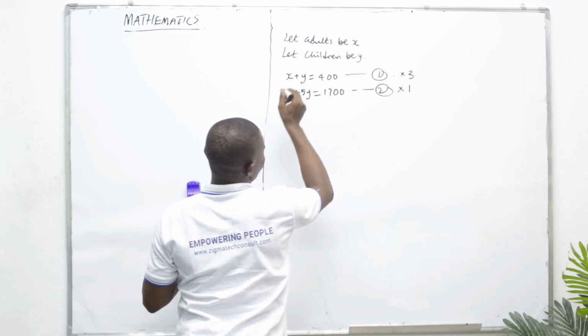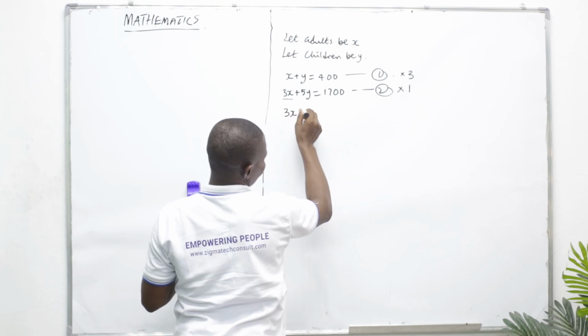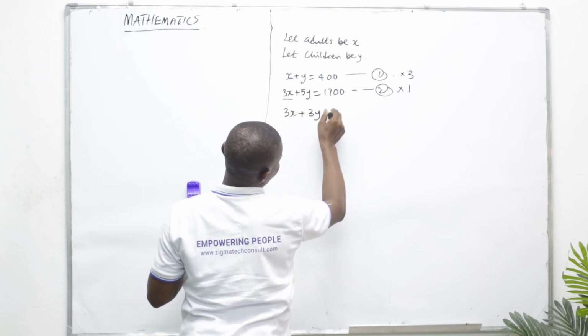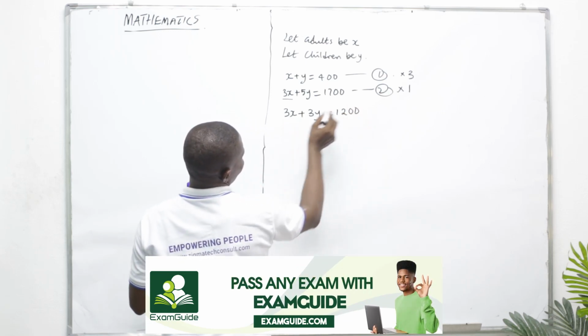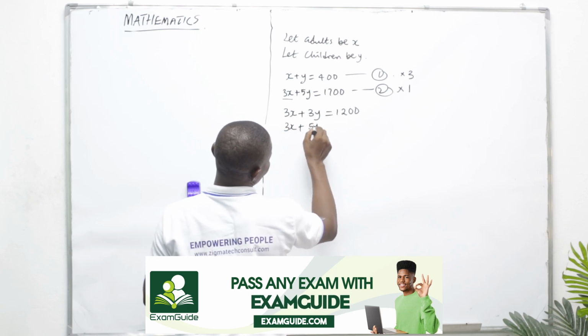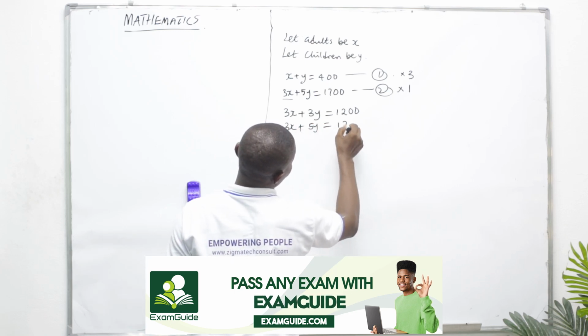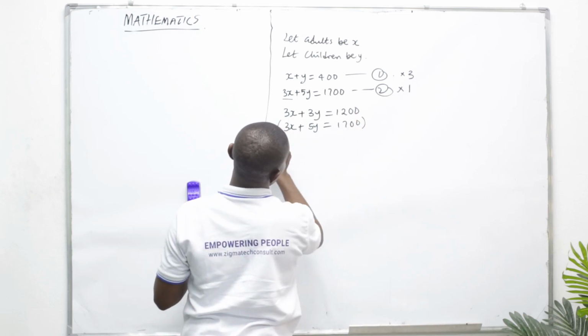This 3 is going to multiply everything here, meaning 3 times S, 3S plus 3Y equals 1,200. 1 multiplying whatever is here gives us the same thing, equals 1,700. Now your elimination method is mature.